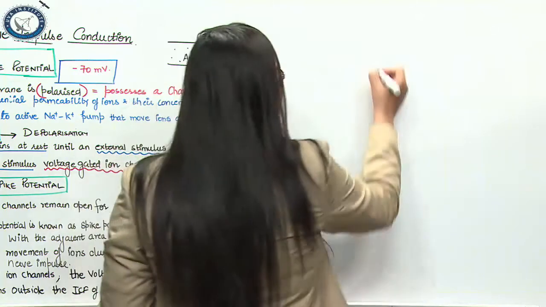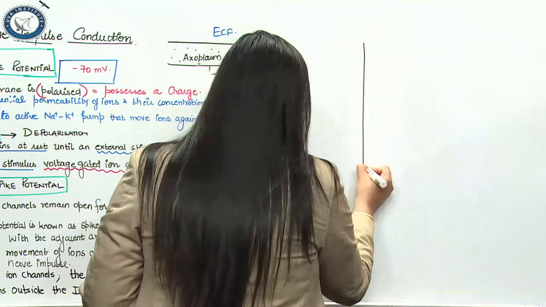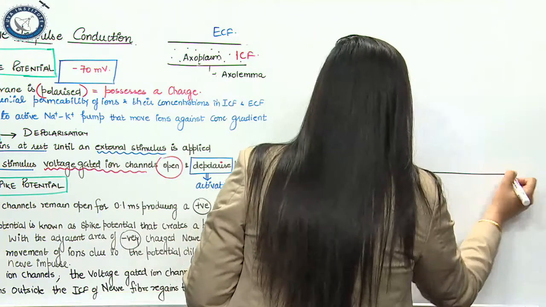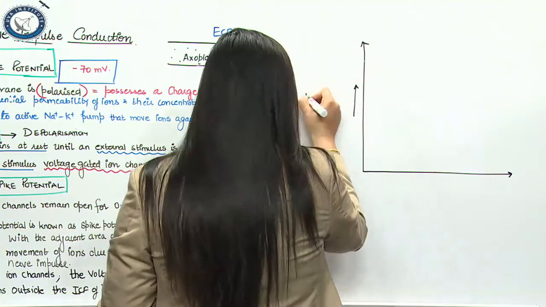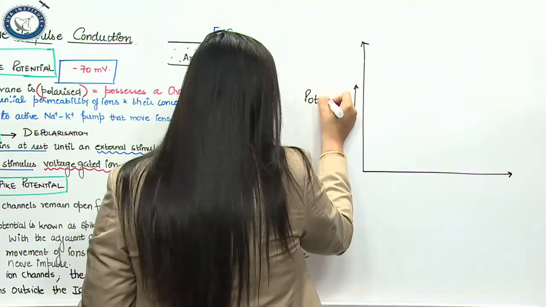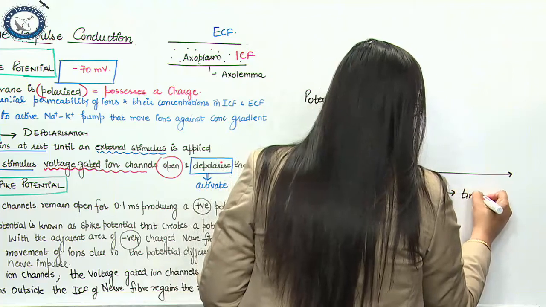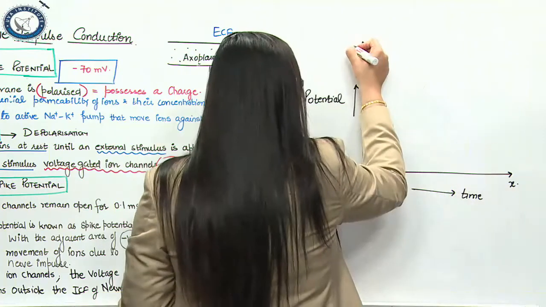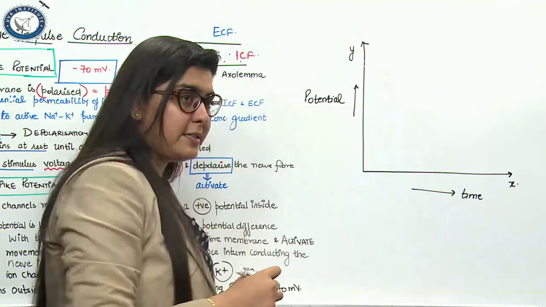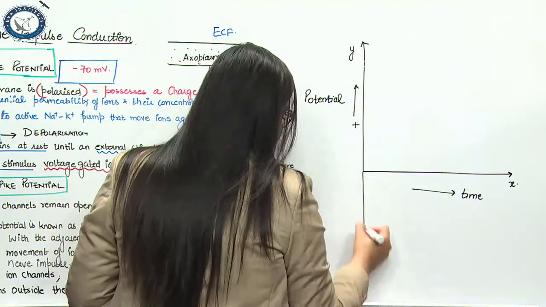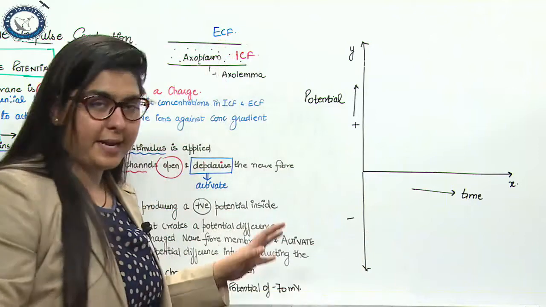We can draw a relative difference in the potential of the nerve membrane with respect to time. Say the time is on the x-axis, the potential is on the y-axis. This is the positive potential, this is the negative potential, the positive y or the negative y, right?